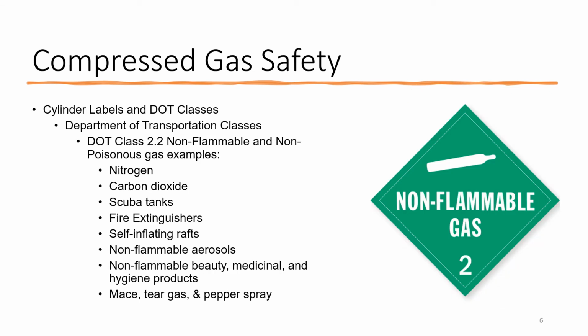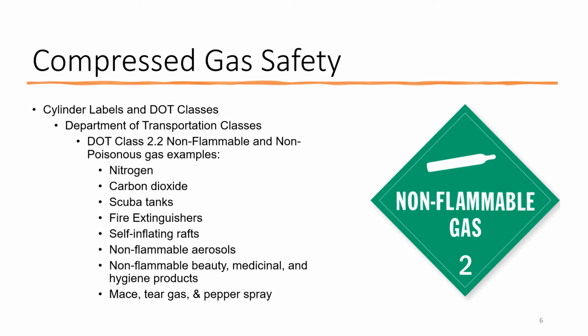We have class 2.2, non-flammable and non-poisonous gas. You can see where this is also green. So they've done a good job to say anything that's flammable, red. Anything non-flammable and non-poisonous is going to be green on there. Let's look at a couple of examples. We have nitrogen, carbon dioxide, any of the scuba tanks for anybody scuba diving out there.